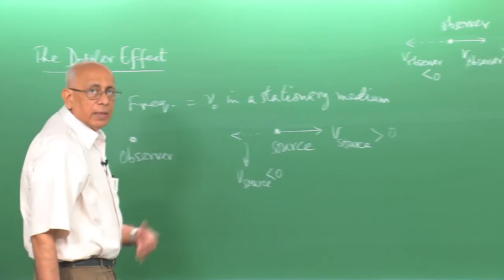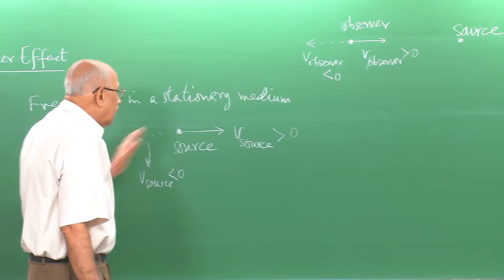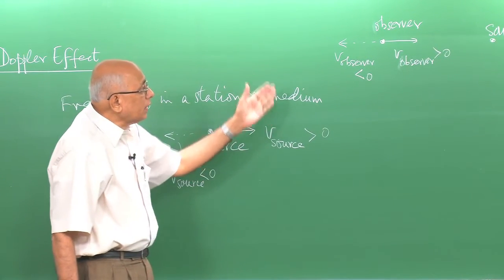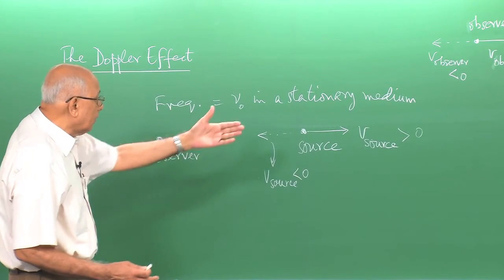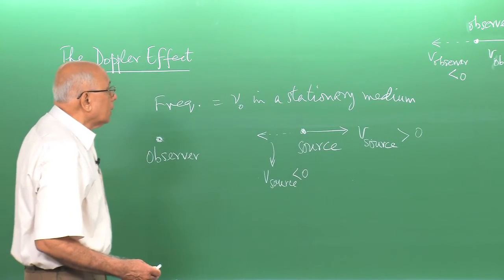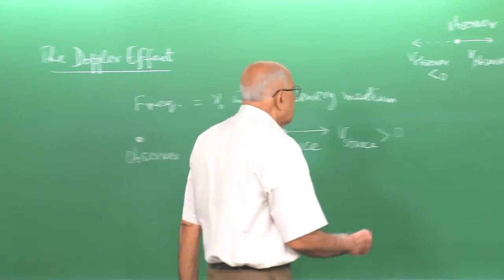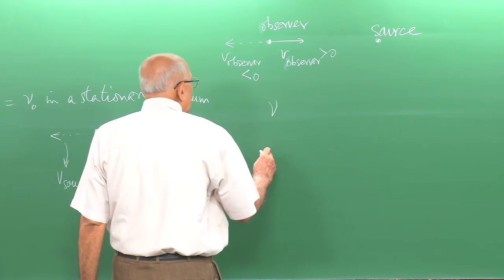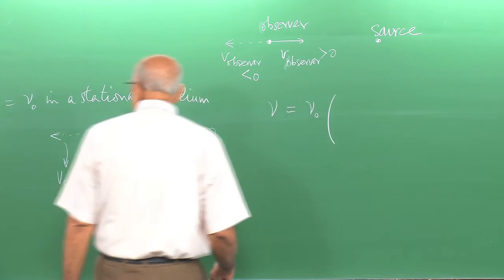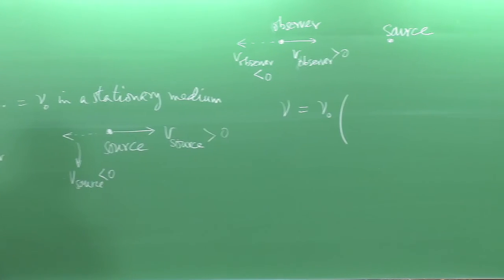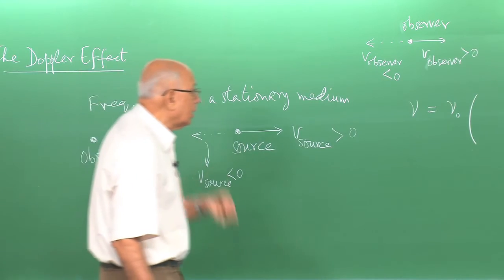Then we have several cases possible. We have a case in which the observer is stationary and the source moves, or the source is stationary and the observer moves, or both of them move with these given velocities. The general formula is what I am going to write down now: the observer is going to observe a frequency nu, which is nu naught multiplied by, we need information about the speed of these waves in a stationary medium.